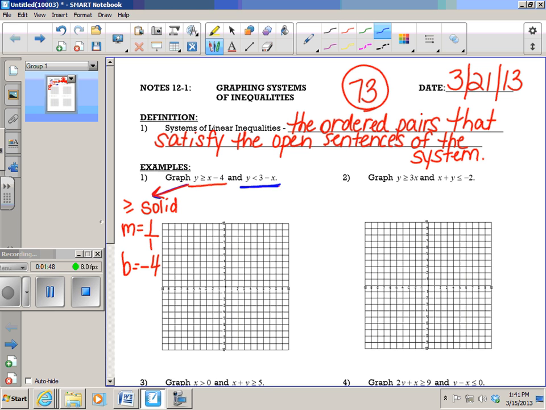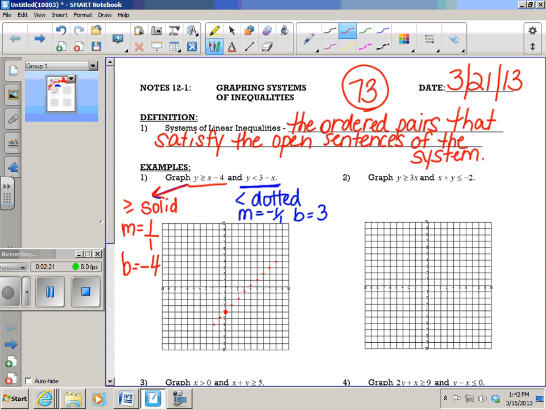For the blue line, or inequality, I know the less than symbol suggests a dotted or dashed line, and the slope is -1/1, and the b equals +3. So let's plot some points and get our inequality graph. M equals 1/1, and we start at -4. We're going up 1/1, and so on.